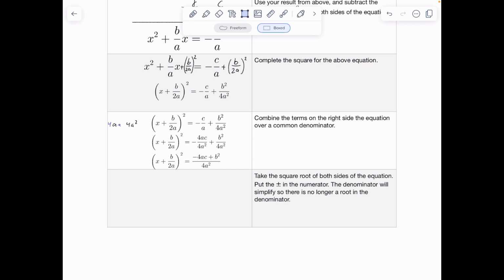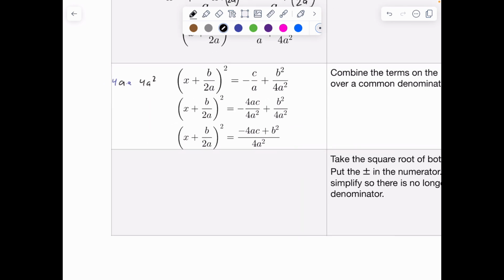Now we could take the square root here and the square root here. So we're going to take the square root of both sides of the equation, and we'll get a plus or minus, which we're going to put in the numerator. And the denominator should fully simplify. So coming back in here, when you take the square root of something squared, they just cancel each other out. So we're just going to have x plus b over 2a is equal to.